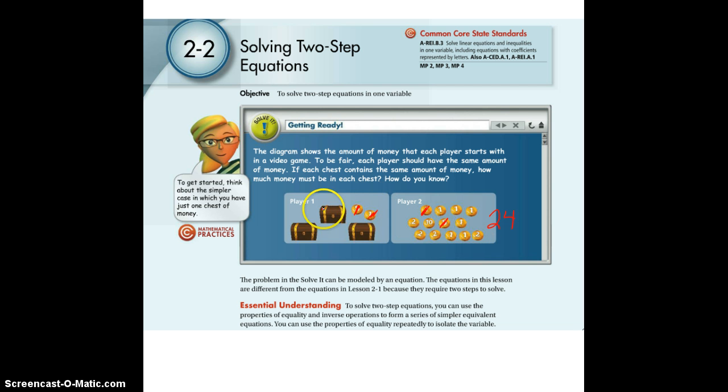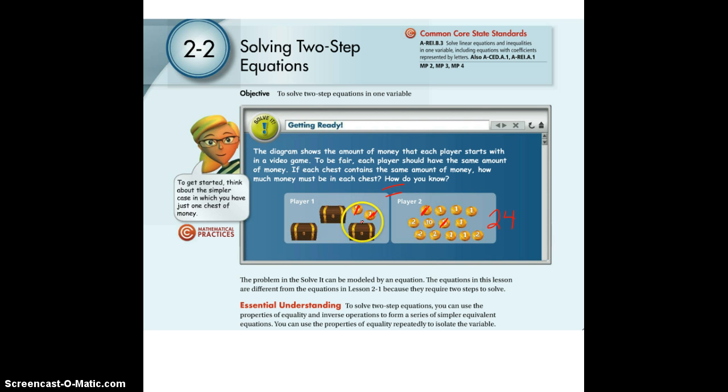So now what I can do is I take player 1's treasure box and try to figure out, okay, in each one of these treasure boxes, each treasure box would have to contain how much so that player 1's money would equal player 2's money. We just created that equivalent expressions problem that we were talking about before.